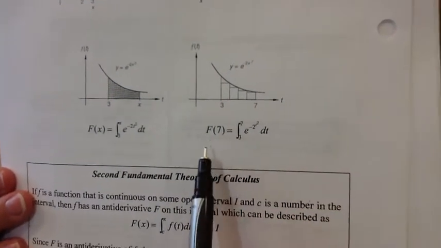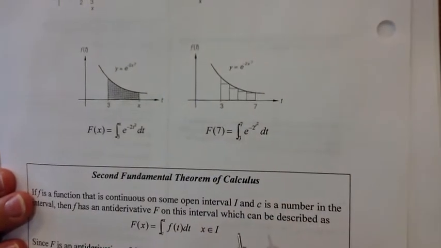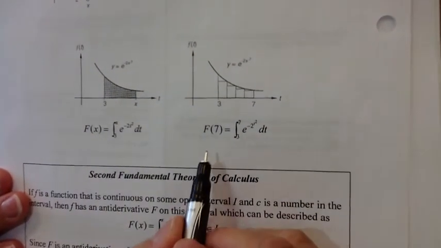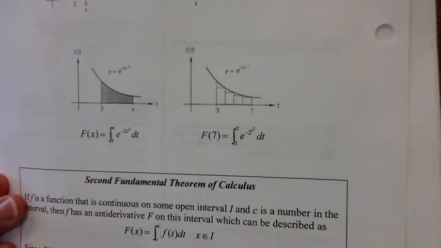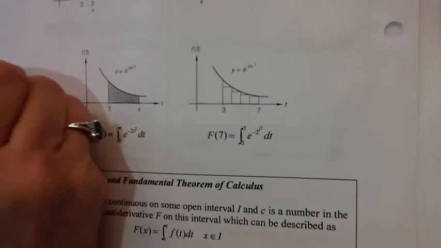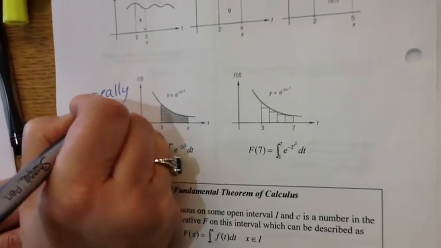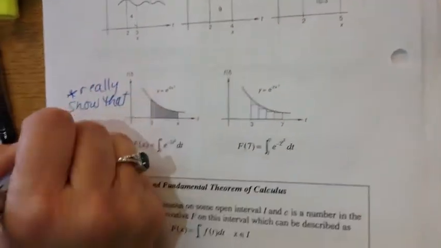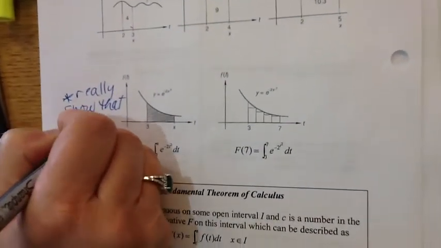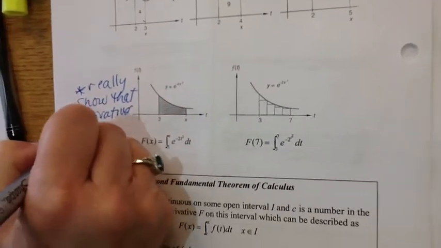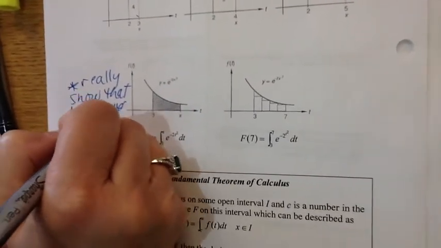So let's say we go from 3 to 7. It's going to be F of 7. So this really shows that derivatives and integrals are opposites.